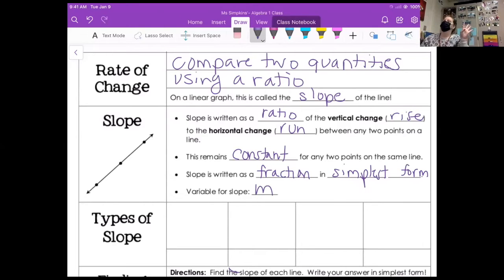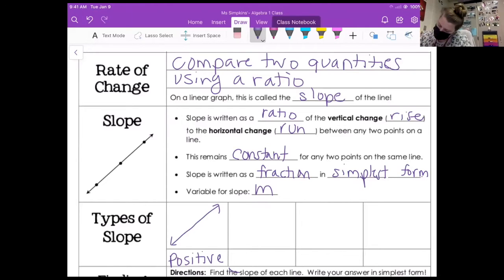Okay, we got 4 types of slope. First one, positive. This is what a positive slope would look like. So Enrique, when you read left to right, that line is going which direction? Up. Up, hence positive. So what do you think a negative slope would look like?